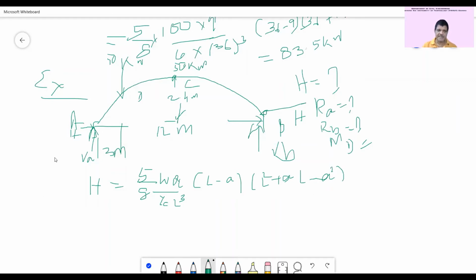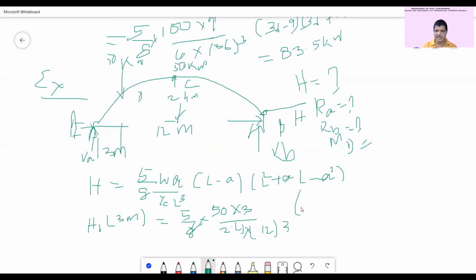Now for the first case, it will take the load at 3 meter. So you can take the H1 at 3 meter. Okay. If you take H1 at 3 meter, what is the value? You can put 5 by 8 into W is given 50 multiplied by A is given 3 meter divided by YC is given 2.4 multiply, it gives this value of L cube. L is 12, so you can take 12 cube.